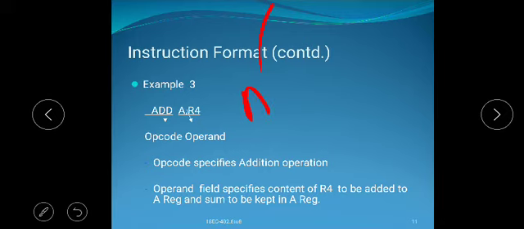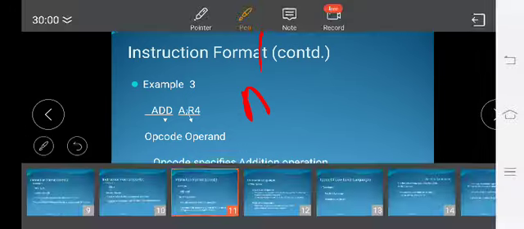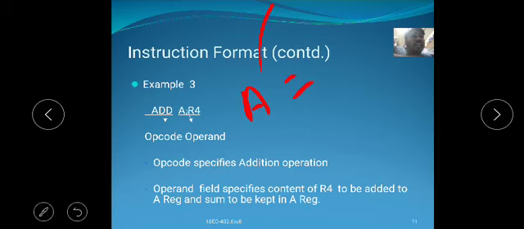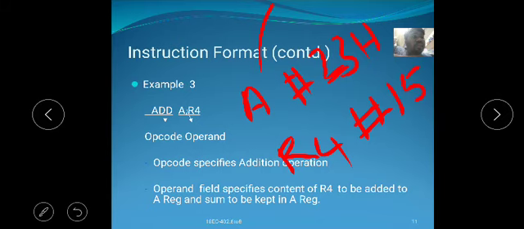For example, in the A register they have the value 23H, and in the R4 register they have the value 15H.